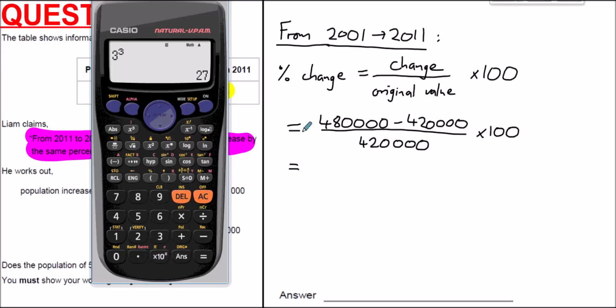So we can simplify this fractional part down first, or with a calculator we can just type it in as it is. 480,000 minus 420,000, all of that divided by 420,000, and then that multiplied by 100.